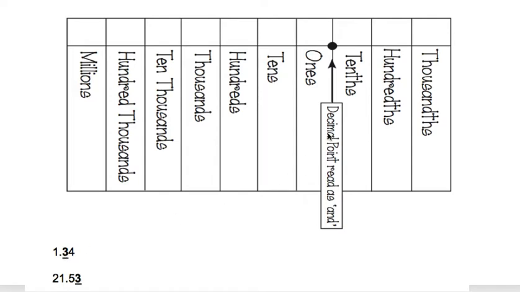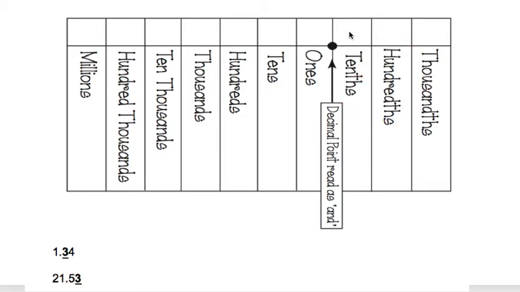So this 3 is in the tens place. So that would be this place right here. And this 3 right here that we're looking at is in the hundredths place. So we know that the 3 in 1/3400 is 10 times more than this 3 because it comes before.